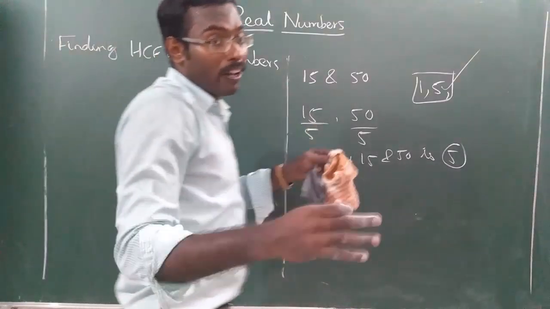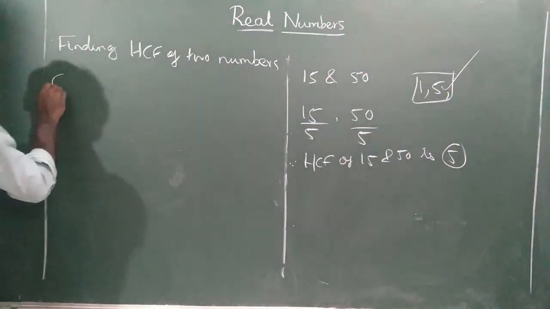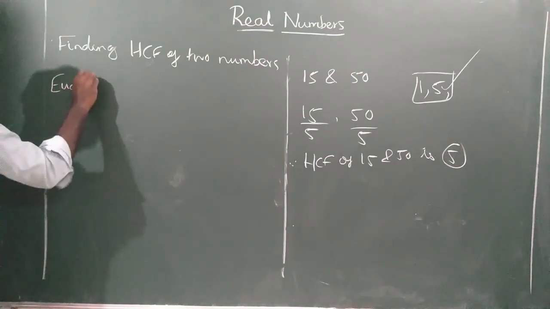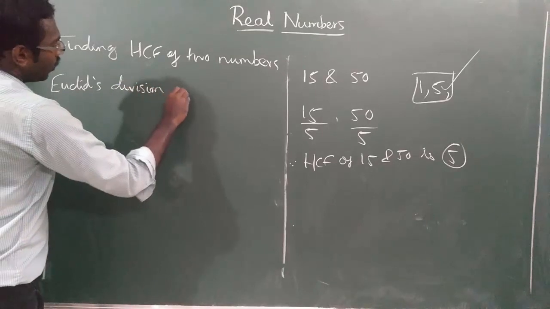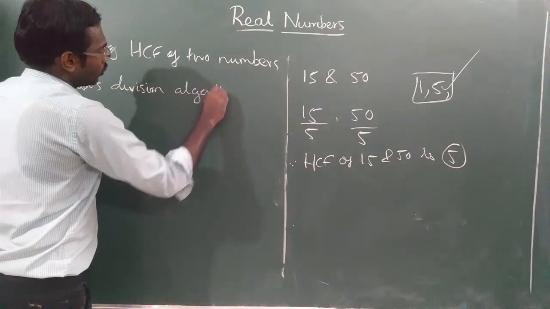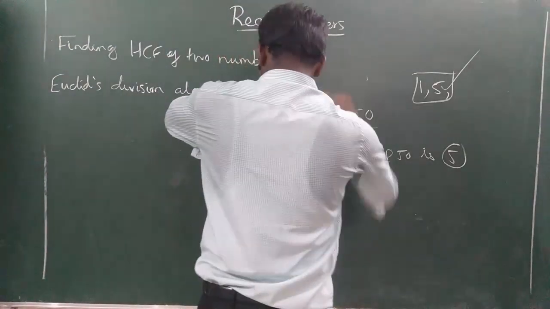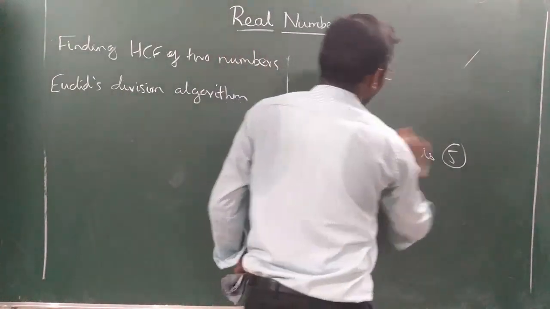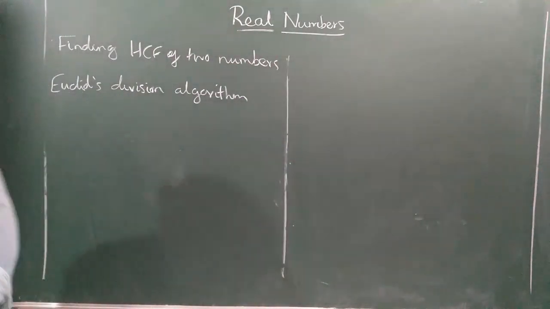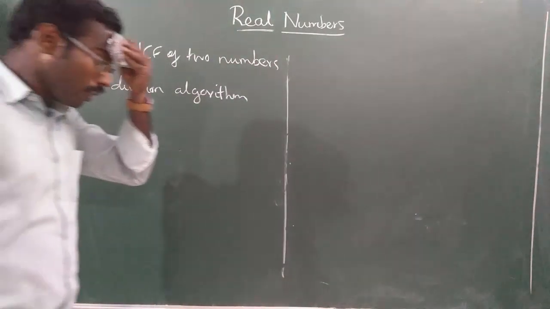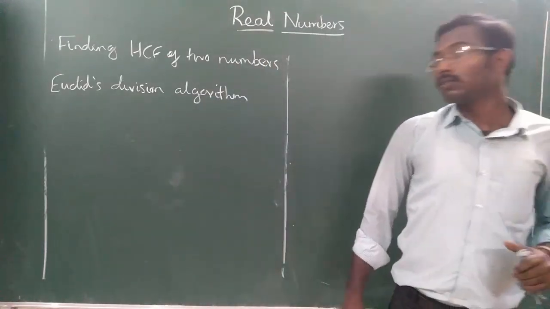We are going to follow a sequence of steps, so it is called Euclid's division algorithm. Consider any two numbers.